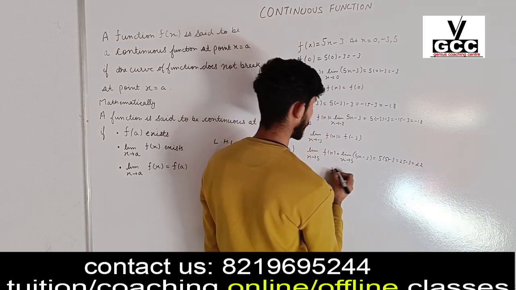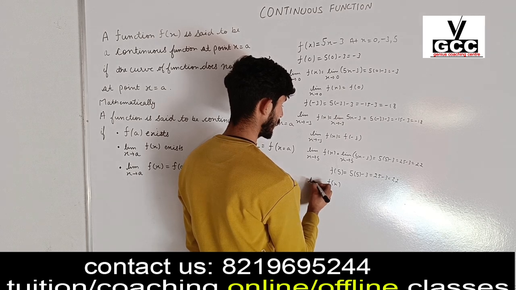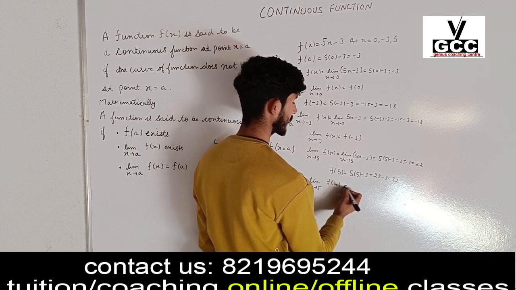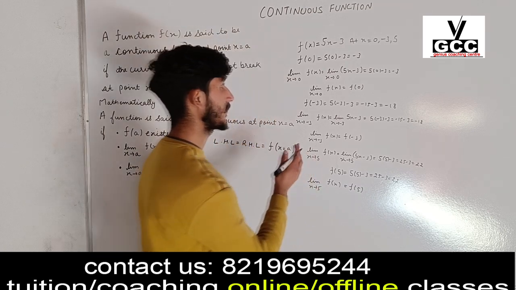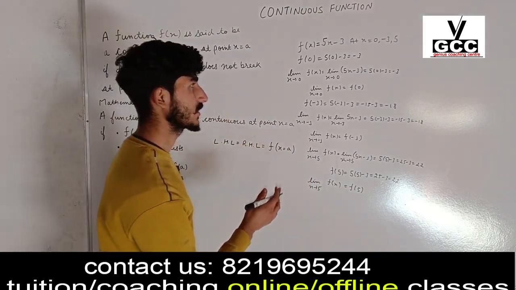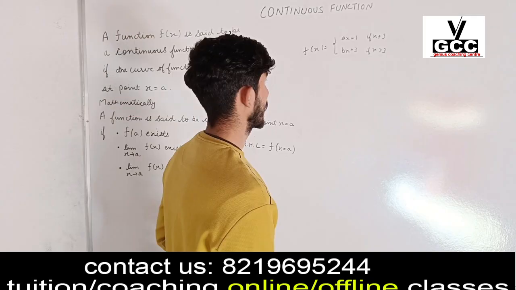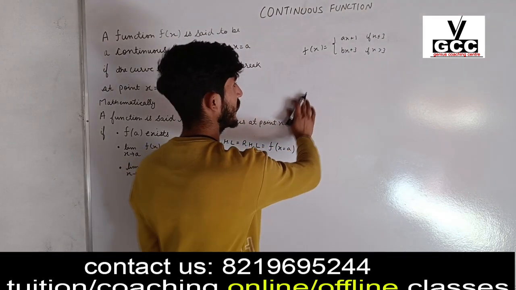Similarly, we can find f of 5, so limit x approaches to 5, f of x equal to f of 5. The given function f of x equal to 5x minus 3 is continuous at x equal to 0, minus 3 and 5. Let us consider another example.